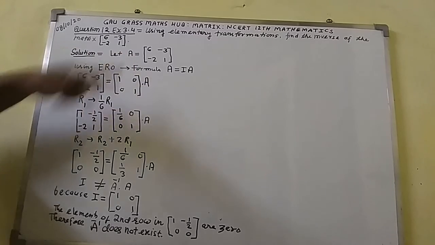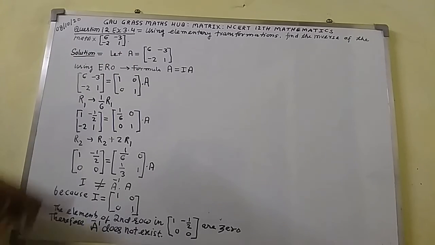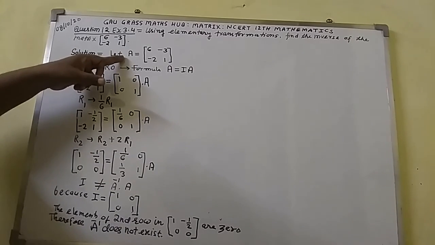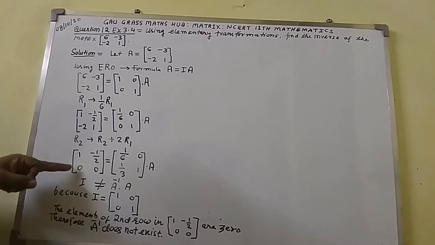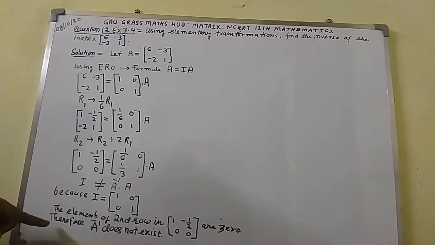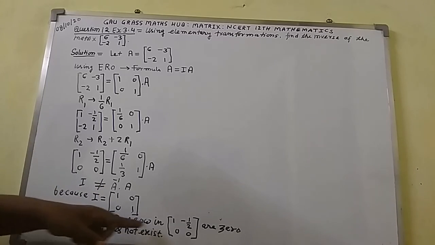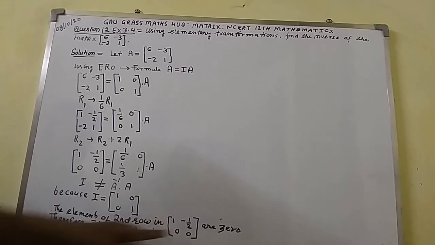This is the given matrix. From the given matrix, here you have got this result. Here you can see the elements of the second row are 0 0.